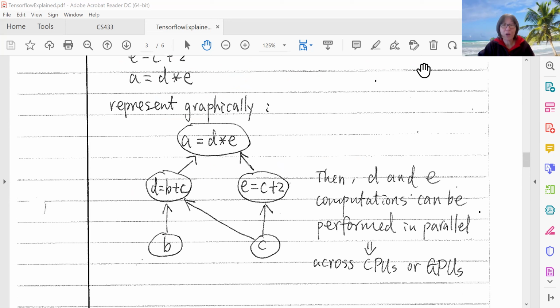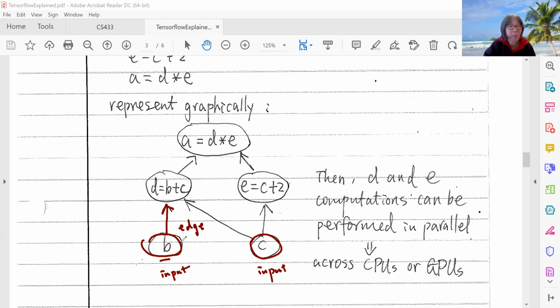And if we represent the concept graphically, then we can clearly see, so this is an input value, and this is also an input value. We can draw something like this: this is a node, this is a node, and this is the edge. Then this value and this value both need to be provided to this node. So this node is going to do addition, and this node also is going to do addition.